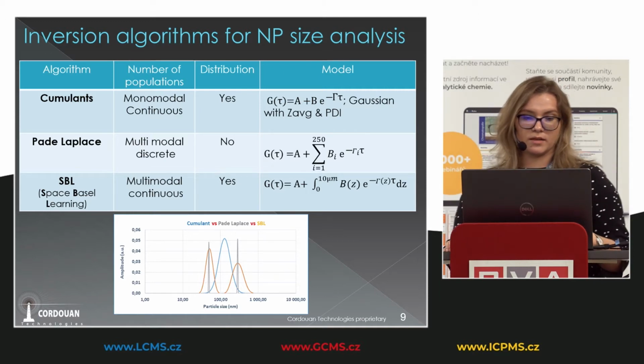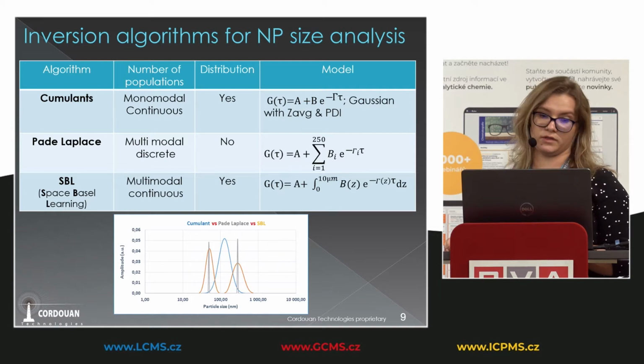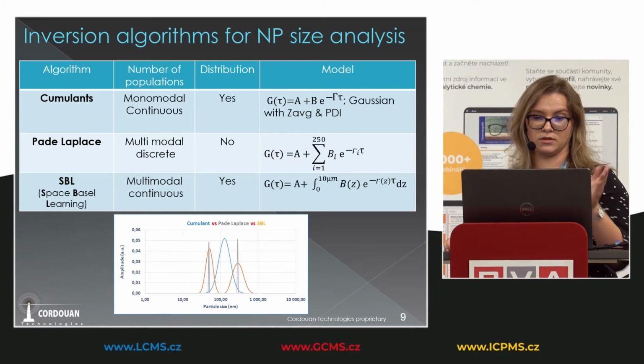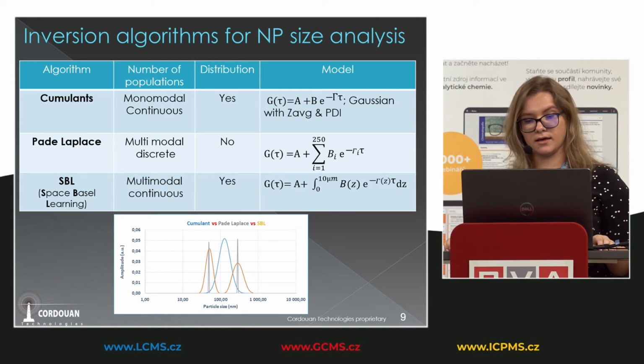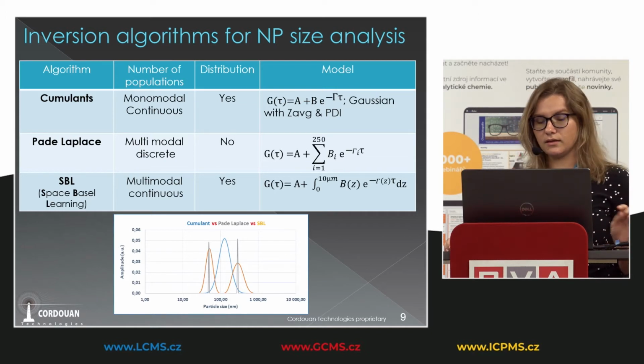In contrast, Laplace can detect different populations, but it cannot give you the distribution of these populations, so you have just a discrete value for your particle size. And the last mathematical algorithm, SBL, can give you the continuous distribution of the different populations of particles inside your suspension.